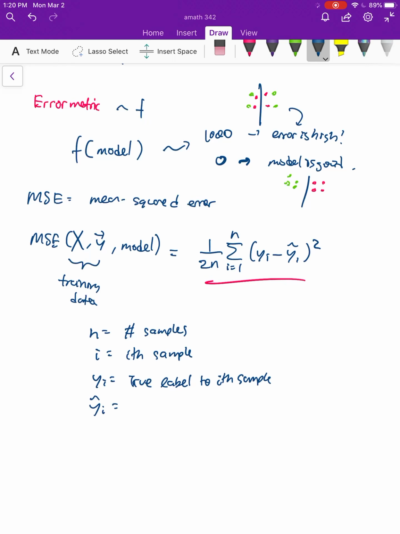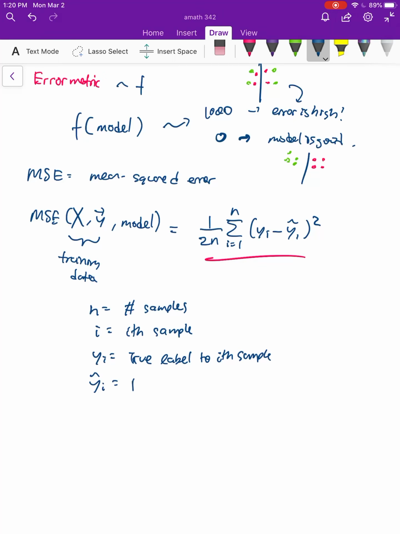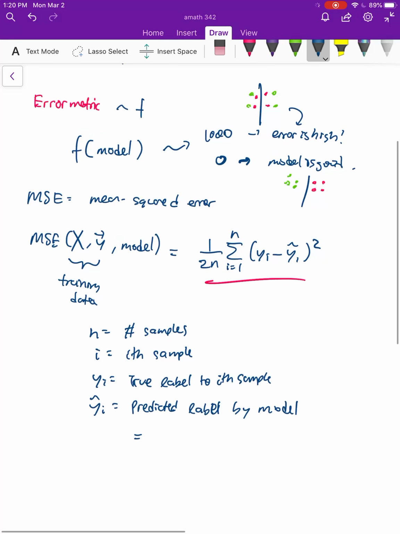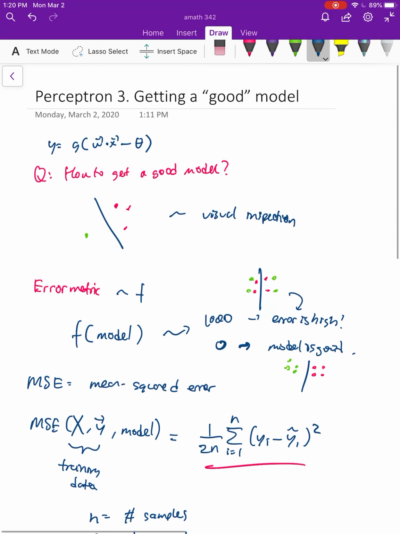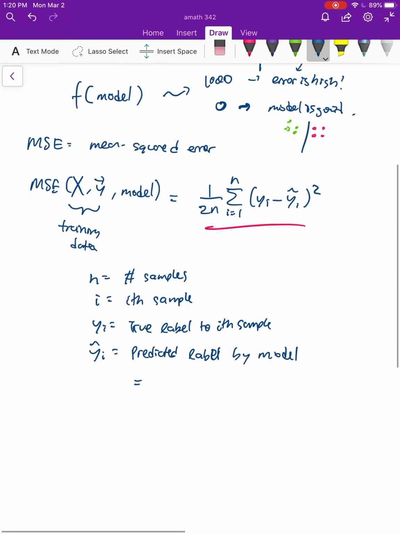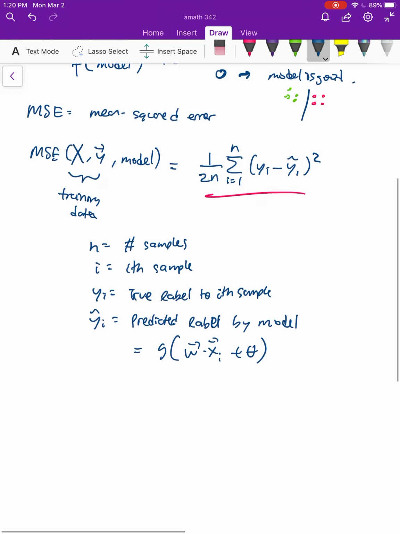Well, we're measuring classification error, so y tilde i is the predicted label provided by your model, and for the perceptron model, the y tilde i is just the linear combination of the model's weights with that data point, and the threshold.